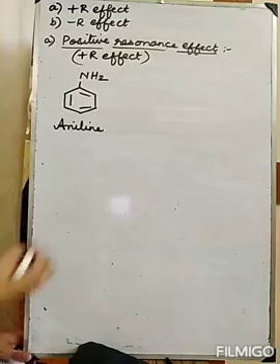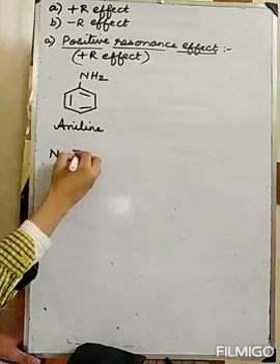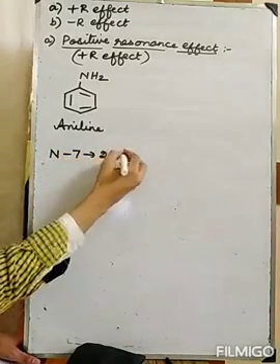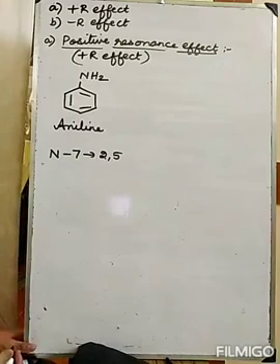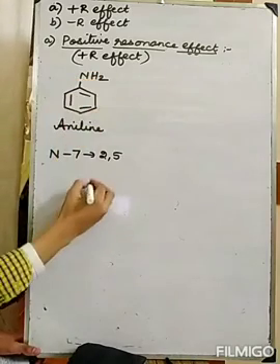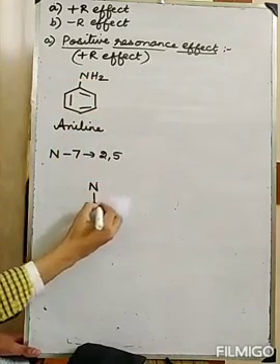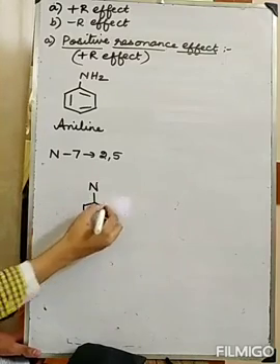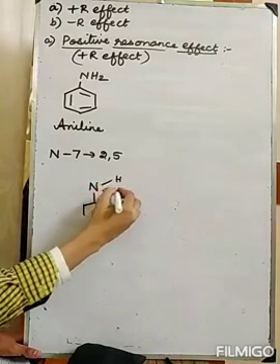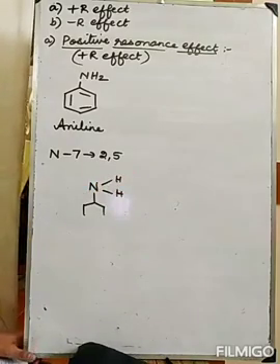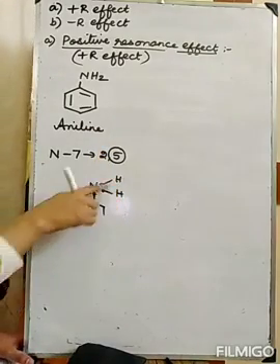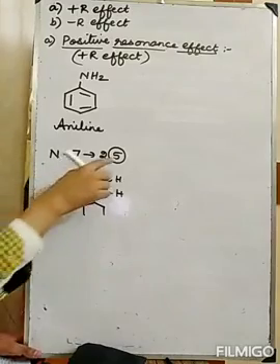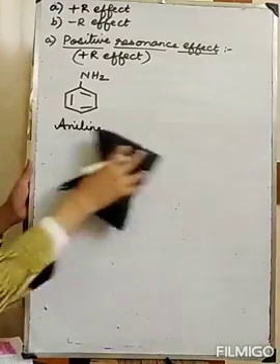Aniline. The nitrogen atomic number is 7, so its configuration is 2, 5. Here, how is the nitrogen connected? One is connected to the benzene ring and the other two are connected to hydrogen. So out of these 5 electrons, 3 electrons have already formed bonds. How many electrons remain? 2 electrons.